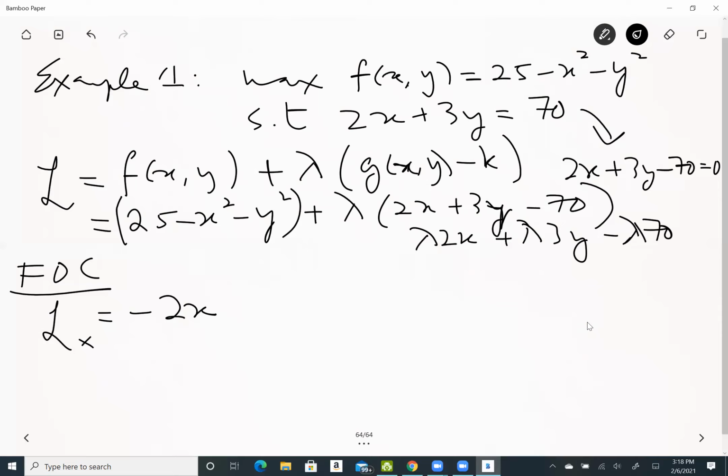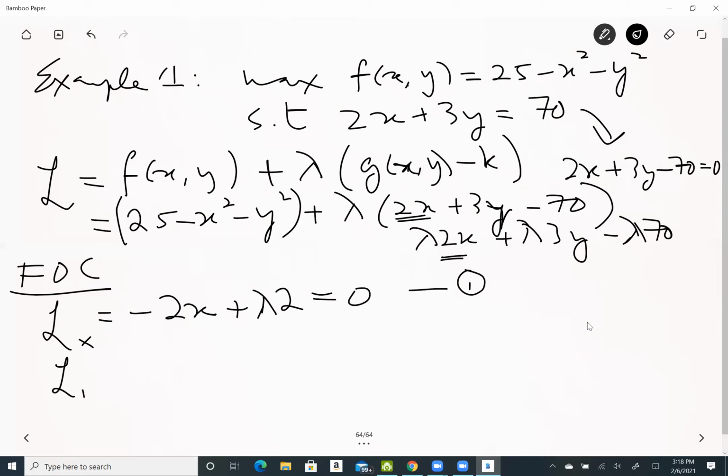Take the derivative of the constraint multiplied by the lambda with respect to x. You have only 2x here, so plus 2 lambda. Set that to 0. That is our number 1.